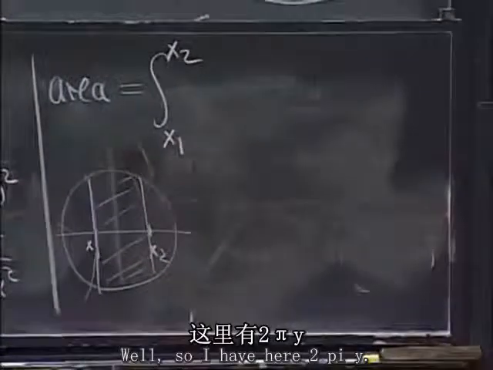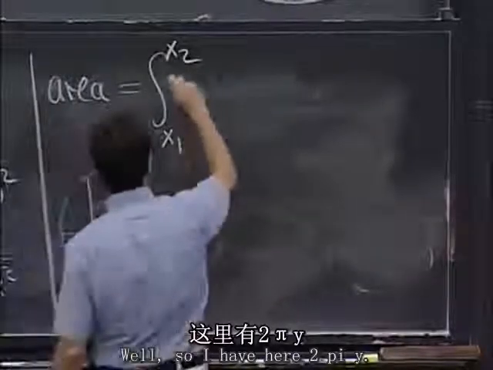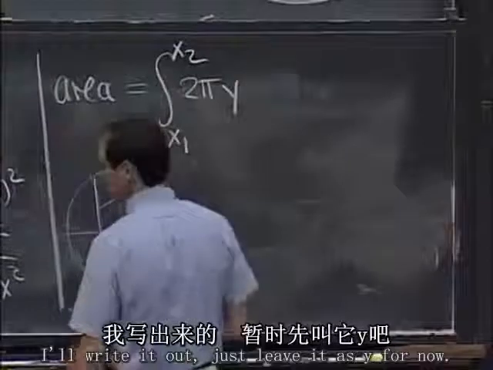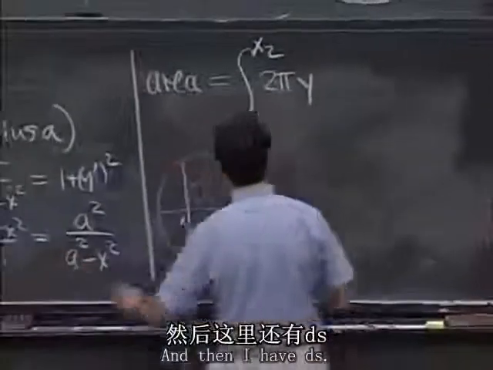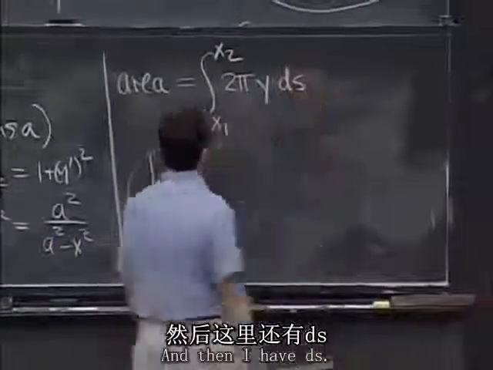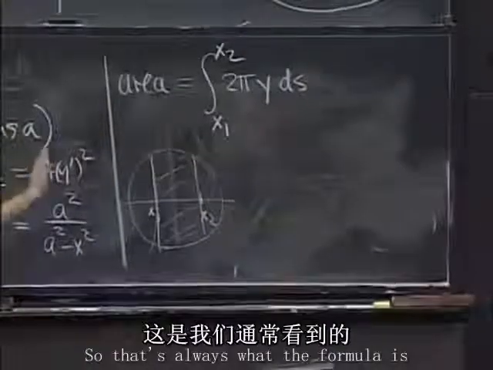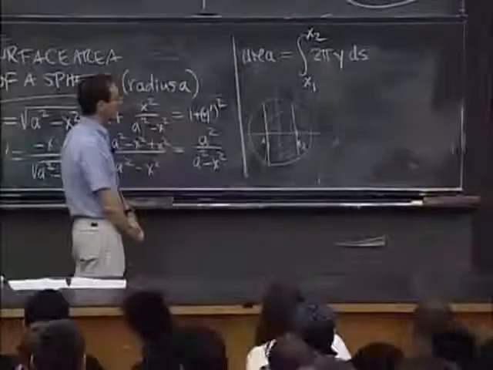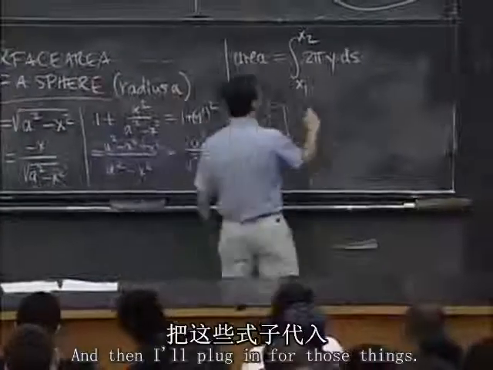Well, so I have here 2 pi times y. I'll write it out. Just leave it as y for now. And then I have ds. All right, so that's always what the formula is when you're revolving around the x-axis. And then I'll plug in for those things.